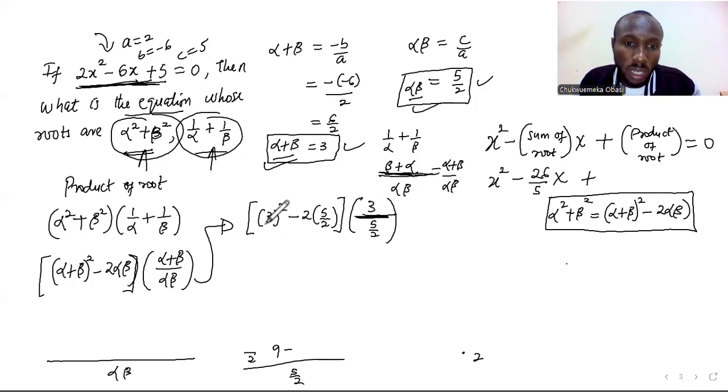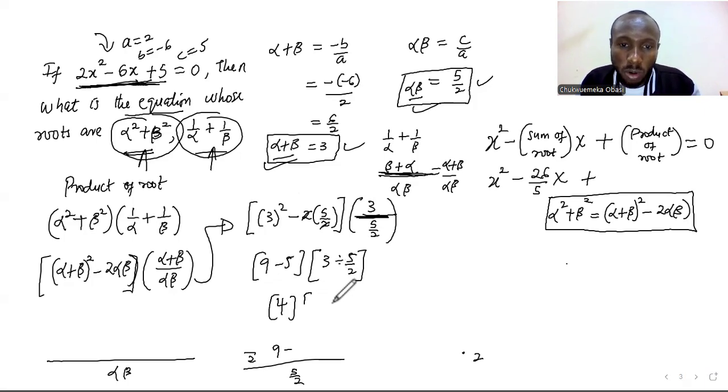Okay, so now let's clean up this stuff. We have 3 squared is 9. 2 cancels out, so you have minus 5 like this. Then remember, this is like saying 3 divided by 5 over 2. Perfect. Then 9 minus 5 is just 4. And I told you we have to change division to what? Multiplication.